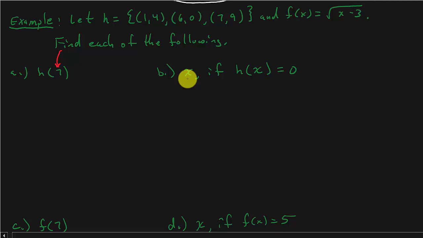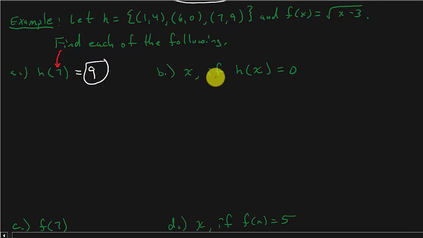So we've got h of 7. When your x value is 7, what's your y value? We can see up here that when x is 7, y is 9. So this equals 9, and that's your answer.